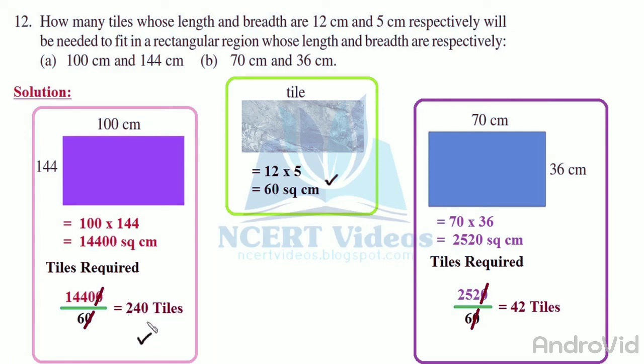So 240 tiles in the first case, and now second, using the same thing, dividing total area by single tile area. Zeros cancel, 6 fours are 24, 1 was remainder, so we have to divide 12, so 6 twos are 12. So 42 tiles for this second part. This was the last question, question number 12.